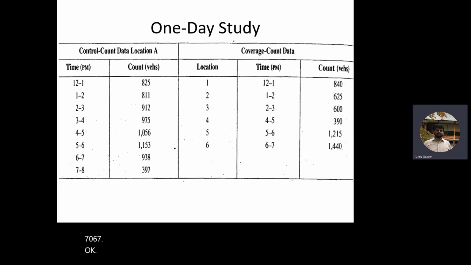It's coming. It's good. See this? Okay. So 7067, right? Now we will calculate factor for each hour. For each hour, we will calculate a factor. That factor is known as expansion factor.